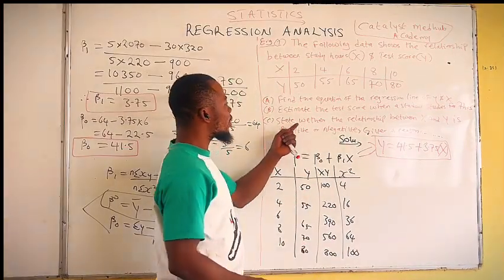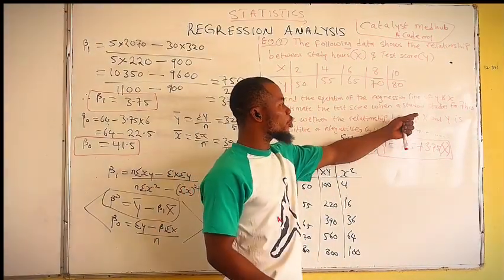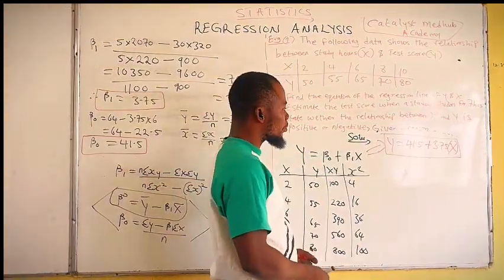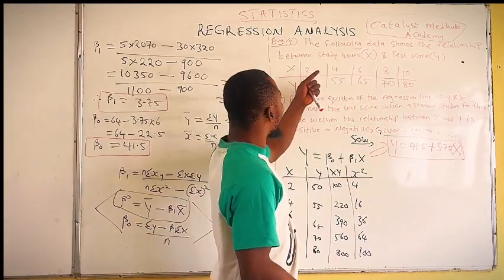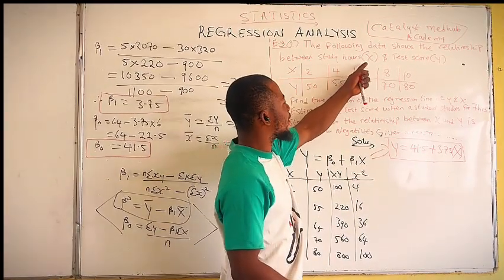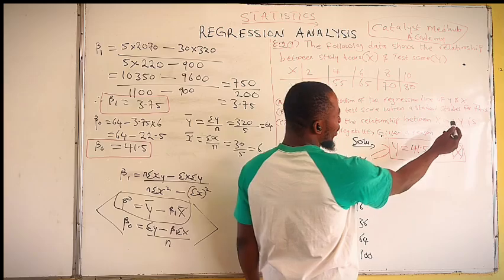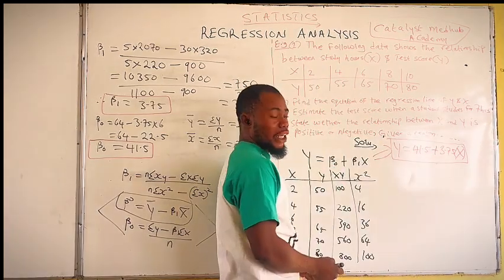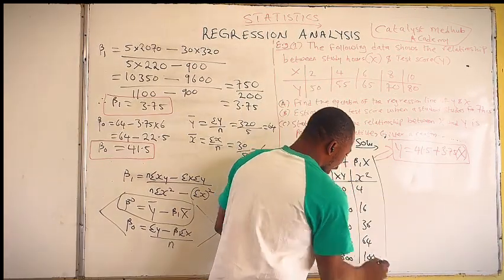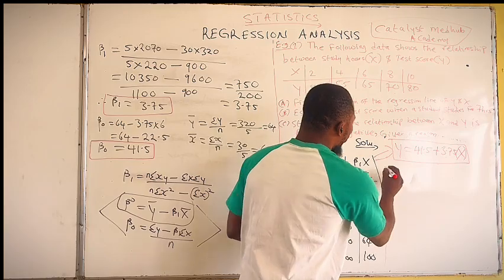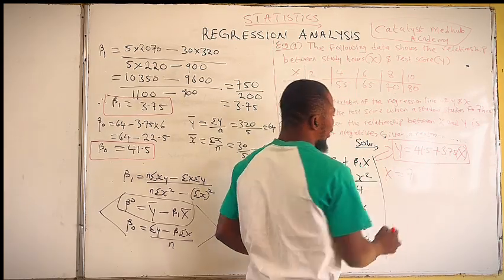The second part of the question said to estimate the test score when a student studies for 7 hours. As you can see from the question, they already tell us our study hours is x, and they say study for 7 hours. In this case now, our x is equals to 7.